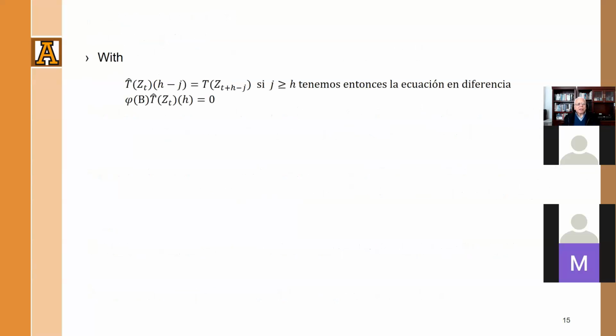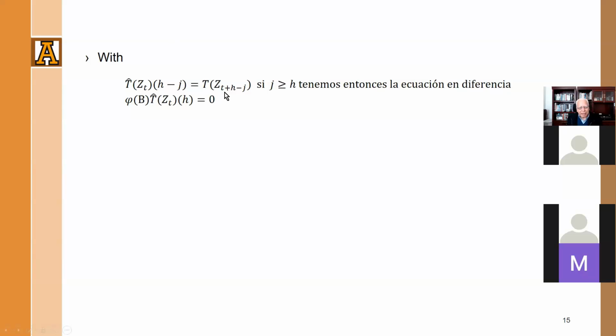Now, remember the optimal forecast of z_{t+h-j} is z_{t+h-j} if j is greater than or equal to h, because if j is greater than or equal to h, we are in the past, so the optimal forecast is what we already observed.